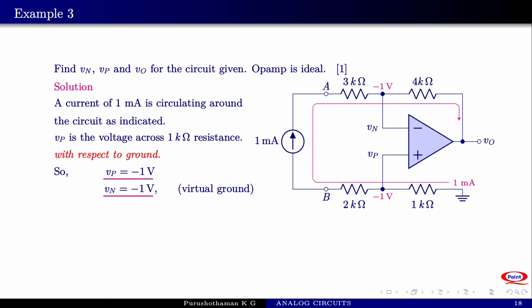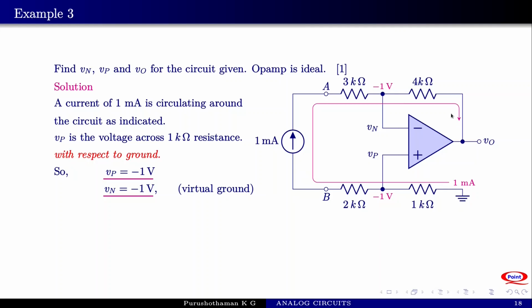So we have Vp equals minus 1 and Vn equal to minus 1, and a 1 milliampere current is flowing through the 4 kilo ohm resistance. If a 1 milliampere current is flowing through 4 kilo ohm resistance, 4 kilo ohm into 1 milliampere, 4 volt is developed across the 4 kilo ohm resistance with the left side positive and right side negative.